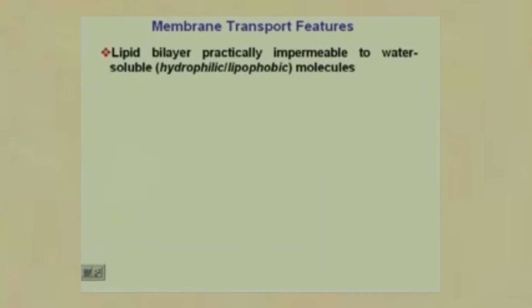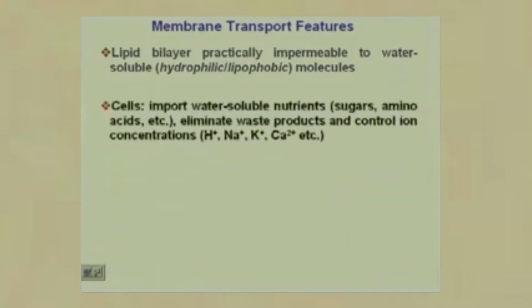First, the lipid bilayer is practically impermeable to water soluble, that is hydrophilic, molecules. The reason again being because it's a lipid bilayer; it would not allow this transfer to be favorable. Second, cells import water soluble nutrients like sugars and amino acids, eliminate waste products, and control ion concentrations.